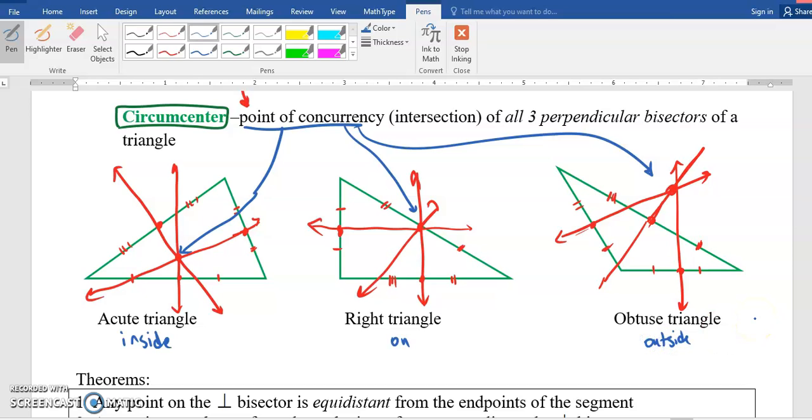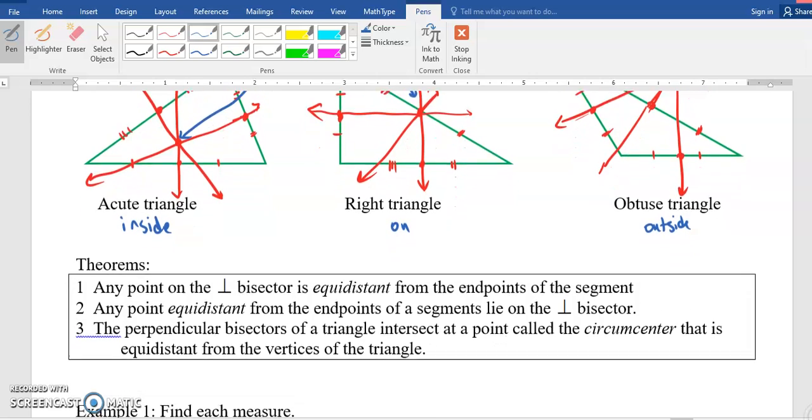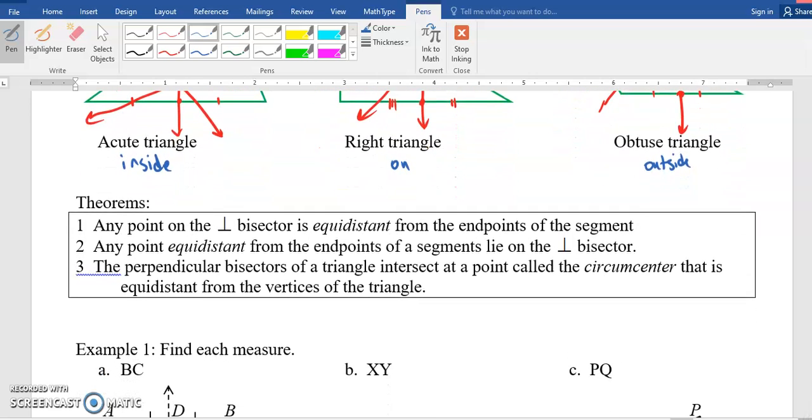Okay, so what good does this do us? The circumcenter, a couple things. Any point on the perpendicular bisector is equidistant from the endpoints.